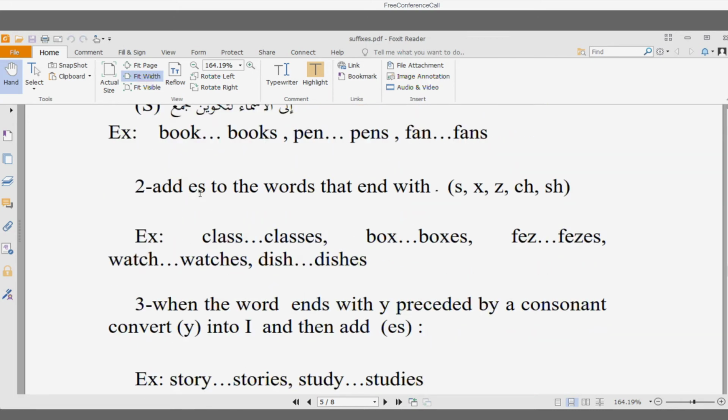Add es to the words that end with S, X, Z, SH, and CH. So if the word ends with one of these letters in between two brackets, add ES to the word to make plural. إذا انتهت الكلمة بواحدة من ذول النهايات اللي هي أما CH أو SH أو Z أو الX أو الS، أضيف ES إلى الكلمة لتحويلها من مفرد إلى جمع.